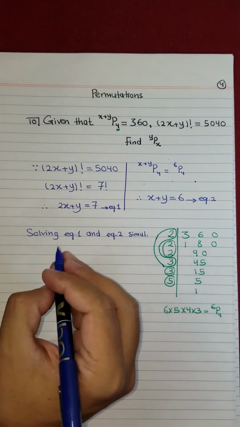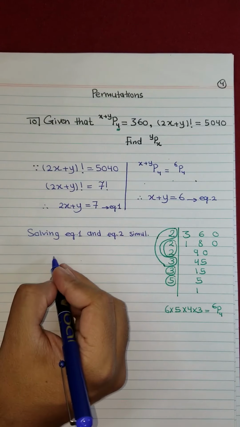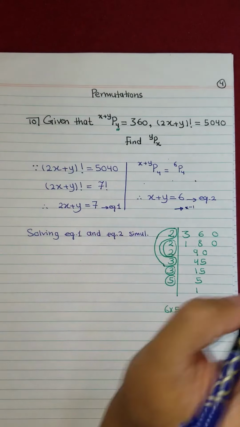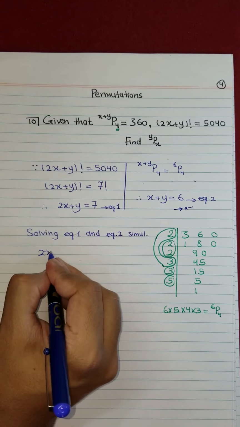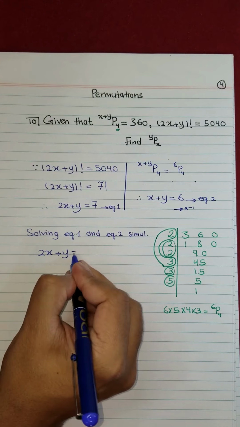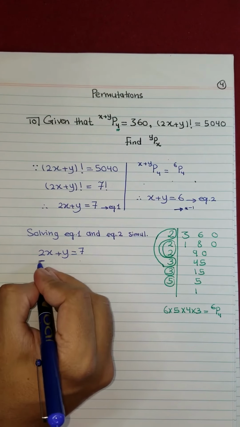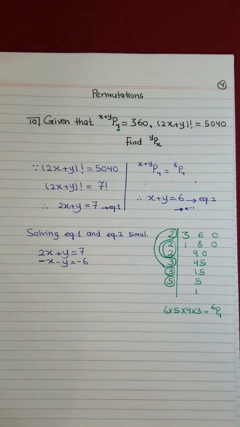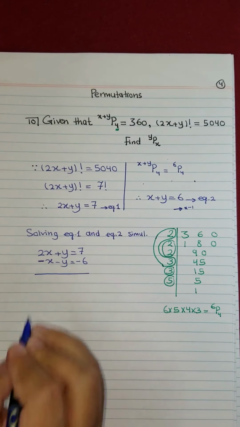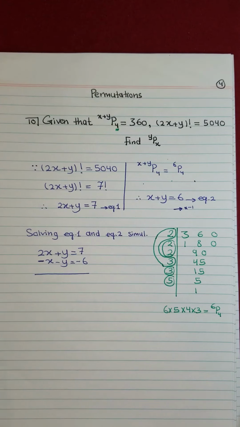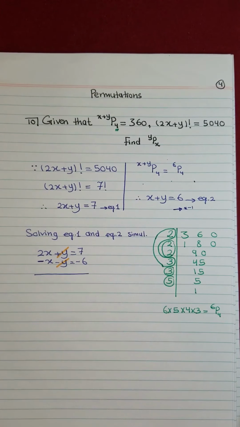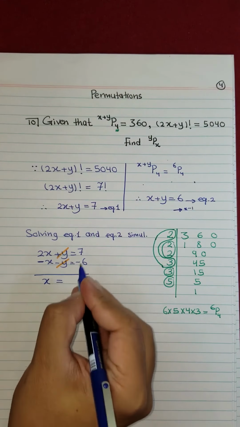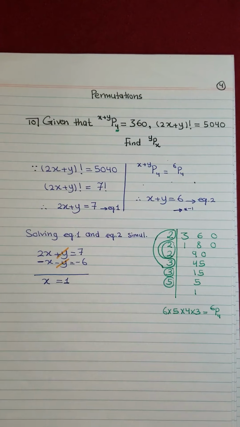I'm going to use elimination. I'll multiply this equation by -1. So 2x plus y equals 7. Multiply that one by negative, so minus x minus y equals -6. So now we use elimination. This part is going to be eliminated, positive y and negative y. So 2x minus x is x, and 7 minus 6 is 1, so x is equal to 1.